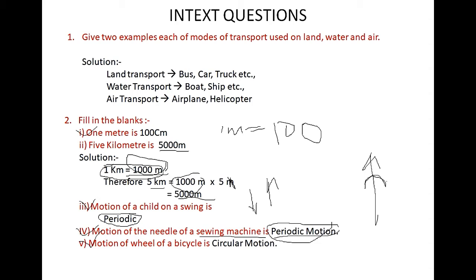Due to that pressing, the wheel of the bicycle begins to move, and it follows a circular path. So it possesses circular motion. The handlebar possesses linear motion, whereas the wheel possesses circular motion. They are asking only about the wheel, therefore the answer is circular motion.